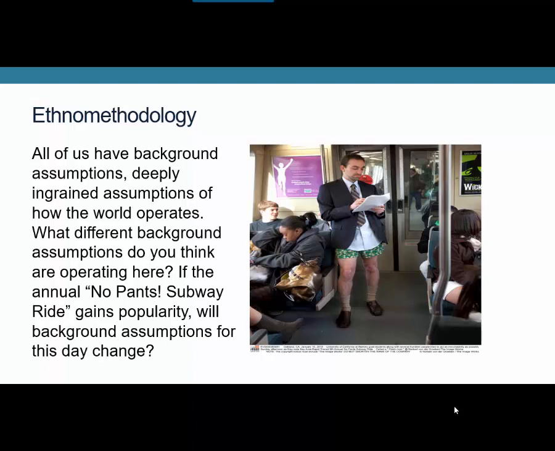The years when it first started, you perhaps were like the guy in the photo, super confused as to why this person doesn't have on pants. But after several years of being in existence, and as this type of behavior gains in popularity, it might start to be like people wearing green on St. Patrick's Day. So you are no longer as surprised, and you can define the situation without looking to others to weigh in and help you clarify.